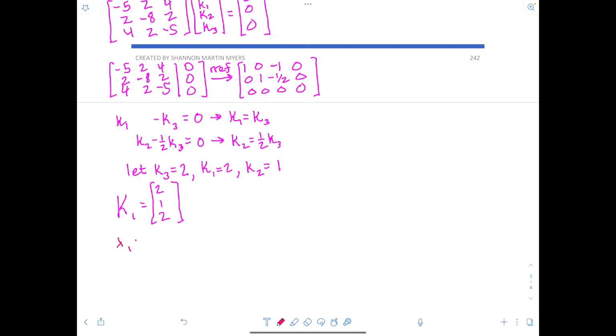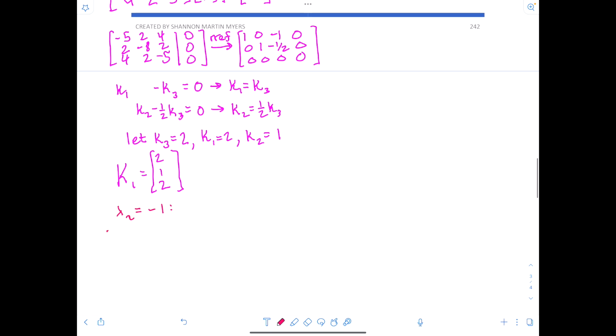lambda 2, 3 equal to -1. So we're going to be looking at A minus -1 times I times capital K2 equal to the 0 vector.